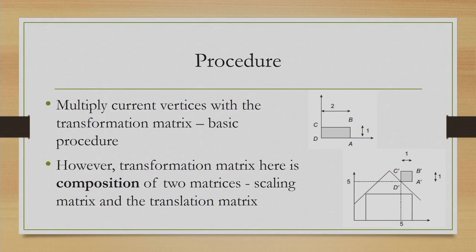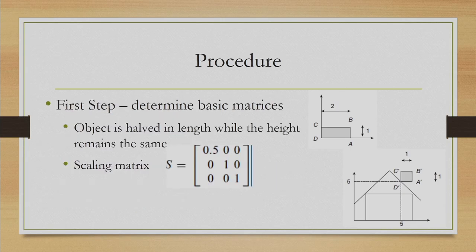What we know? We know that to get the new vertices, we need to multiply the current vertices with a transformation matrix. But here it is not a basic transformation matrix, it is a composition of two basic transformation matrices, and we need to perform that composition. How to do that? How to combine the two matrices? Let us go step by step.